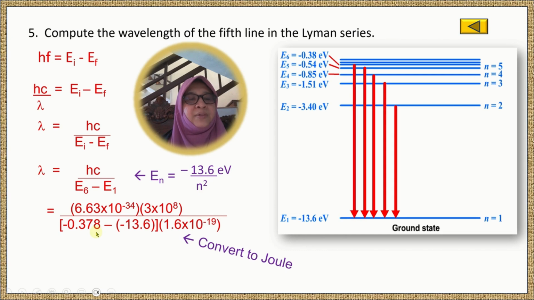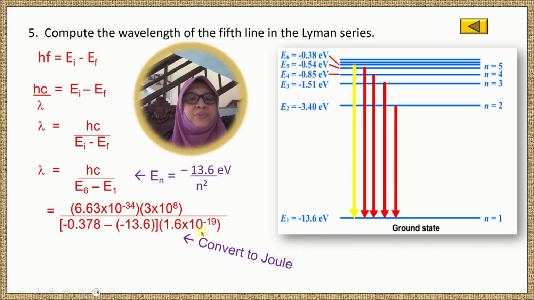We use 3 significant figures, because the diagram given here is in 2 significant figures. So negative 0.378 minus negative 13.6, which is E1. Then we convert it to joule because lambda's unit is in meter.